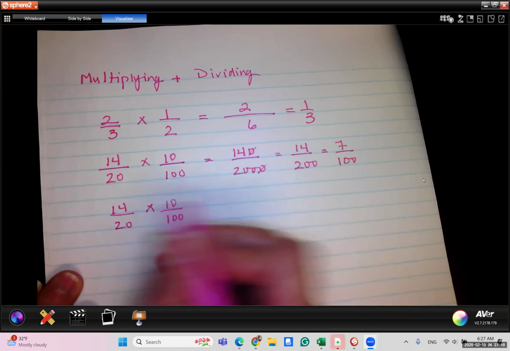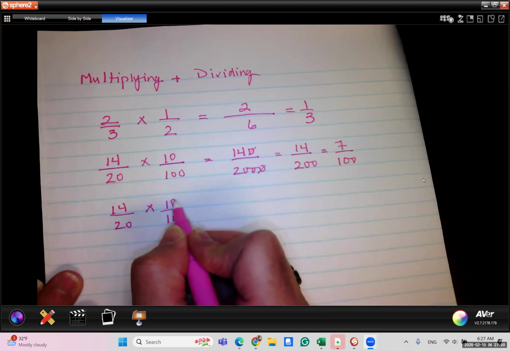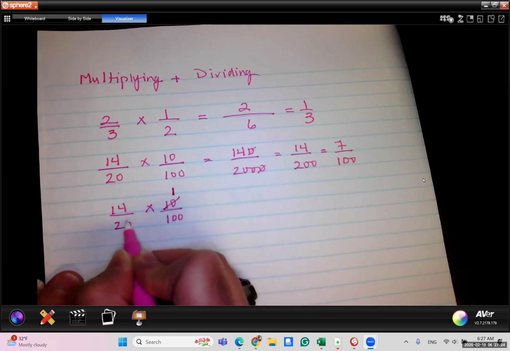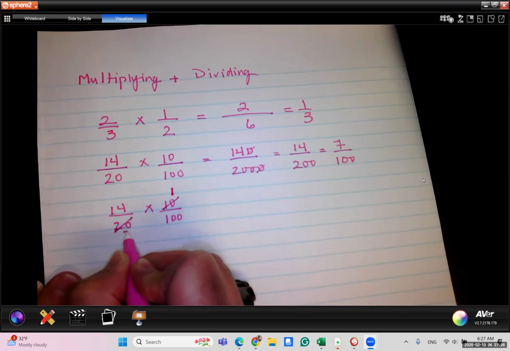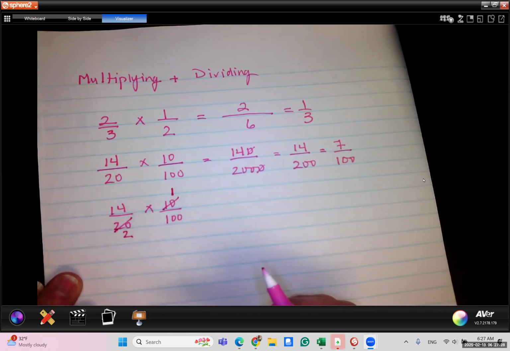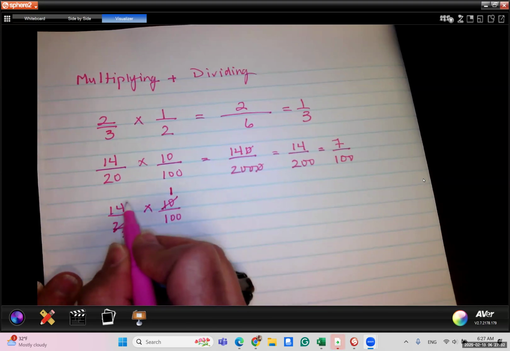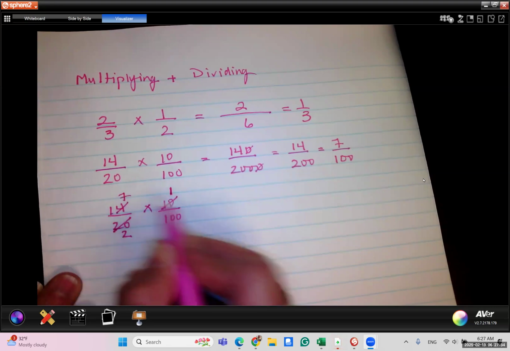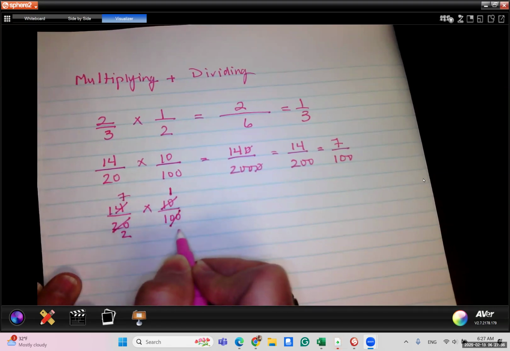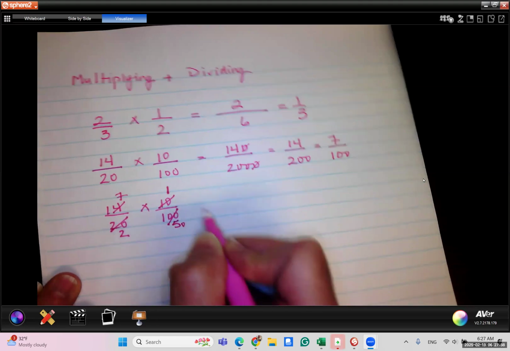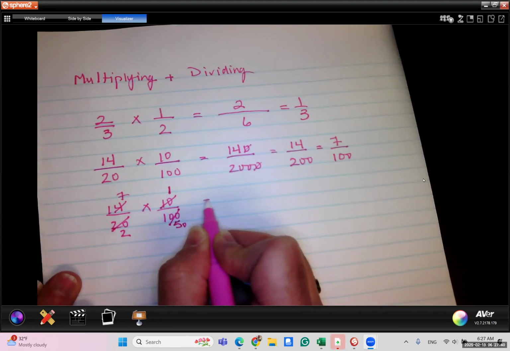There are many ways of doing this, but 10 can be divided by 10 and give me 1, and 20 can be divided by 10 and give me 2. And 14 can be divided by 2, which gives me 7. And 100 can be divided by 2, which gives me 50. So now I have smaller numbers that I can multiply.